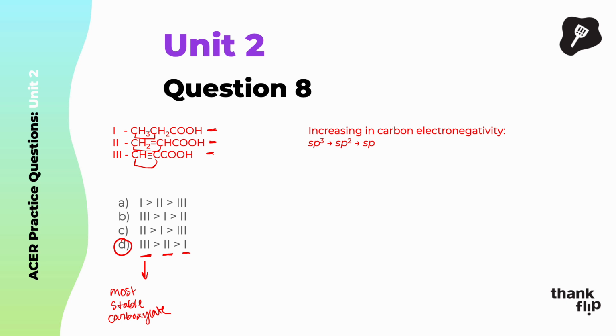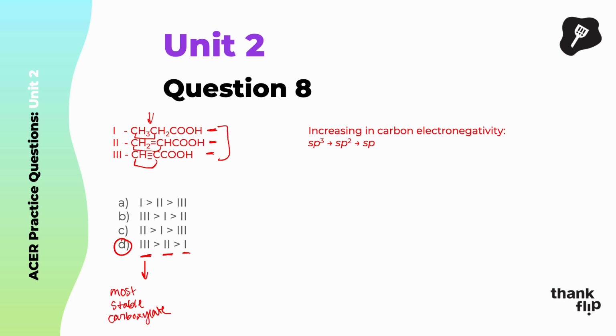And now, if you didn't know this, you could also use the process of elimination to actually figure out or eliminate 2 of your options, all right? So you can see that the only difference between these 3 are the bonds here. And you can see that number 1 has a single bond, number 2 has a double bond, and number 3 has a triple bond.